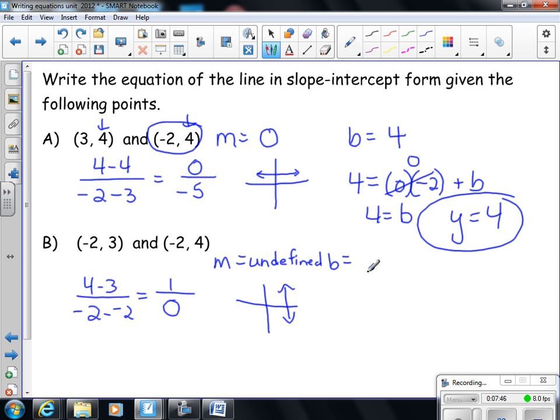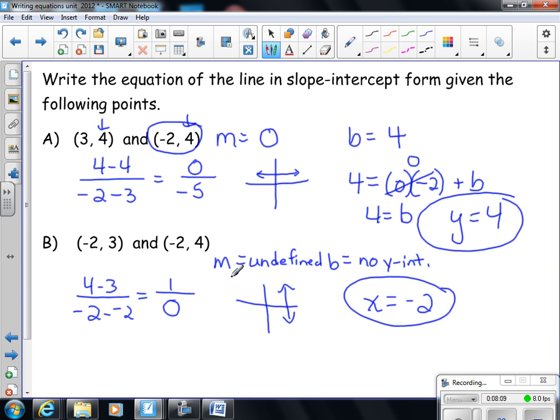So with that in mind, does it ever cross the y-intercept? No, it doesn't. There's no y-intercept. There's no b. So then your equation, as you look at it, must be where x is equal to something. Given the 2 points, x is equal to negative 2, and that's your equation.